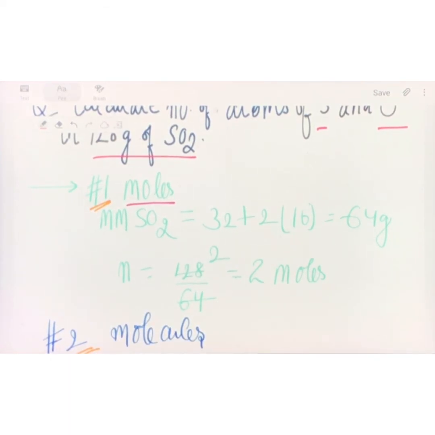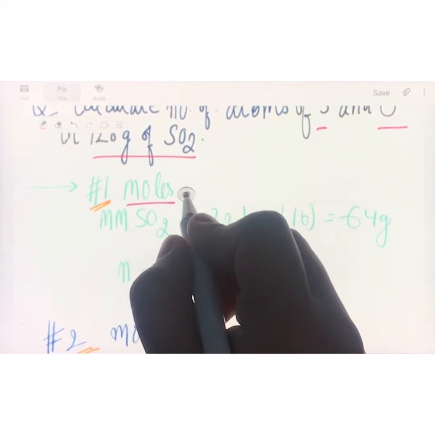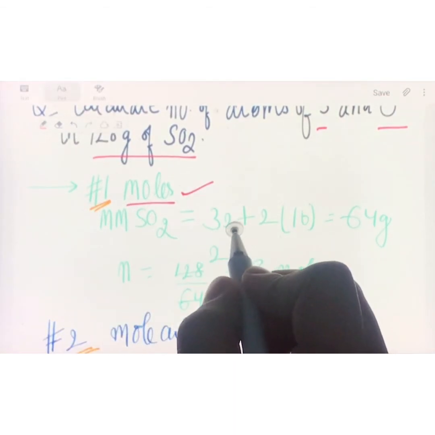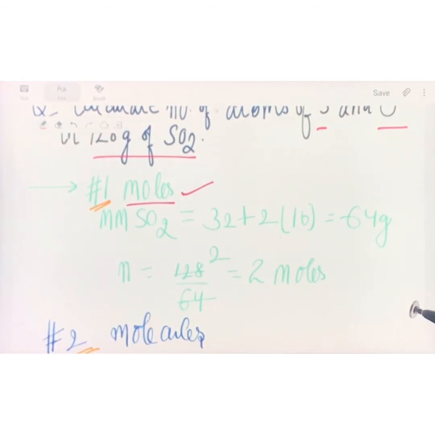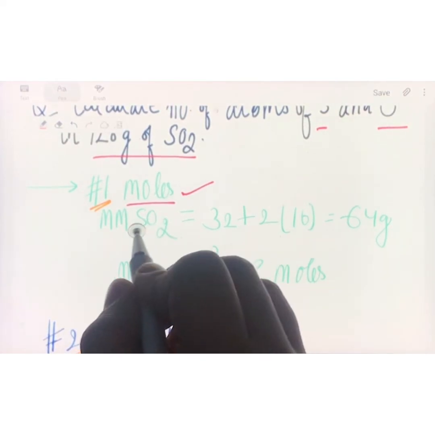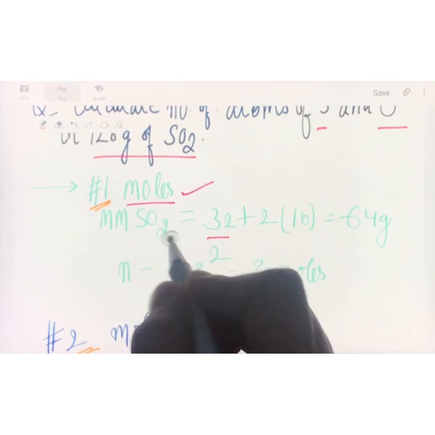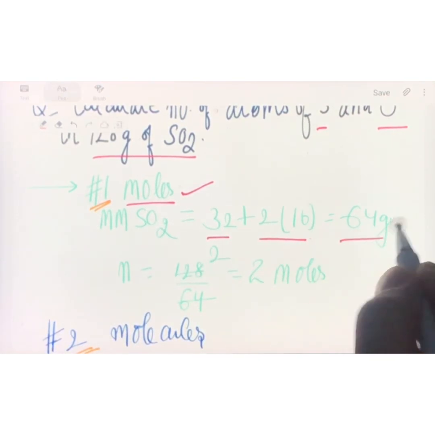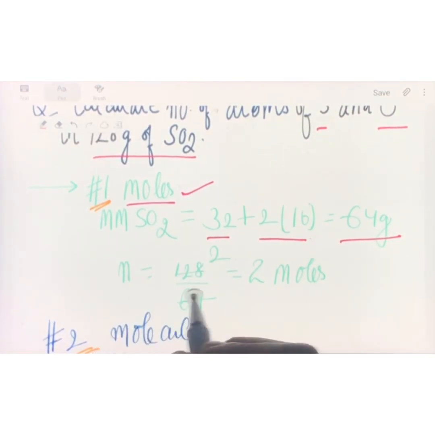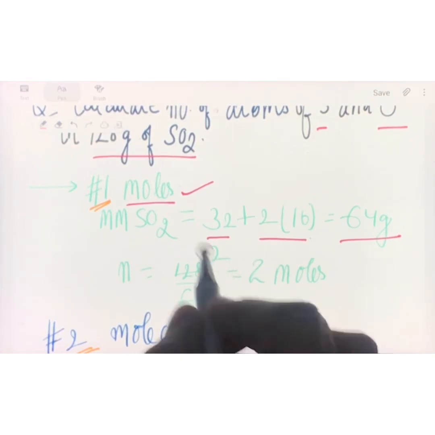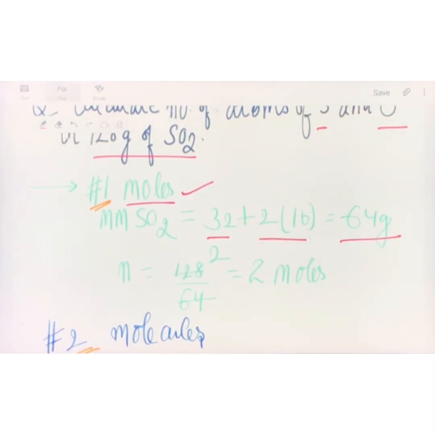Priority is given to molecular mass because without molecular mass you will not be able to calculate the moles. Similarly, as we calculated the molecular mass of water and carbon dioxide in the previous problems, we will do the same here. Sulfur mass is 32, twice oxygen, 2 into 16, we got 64. Moles: 128 given weight upon 64 the molecular mass, we get 2 moles.